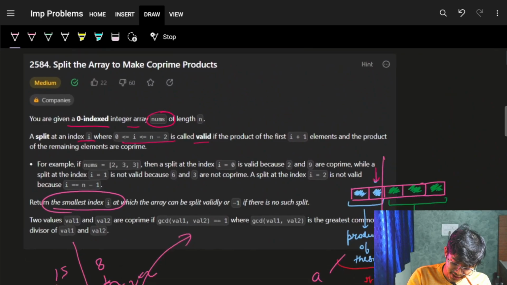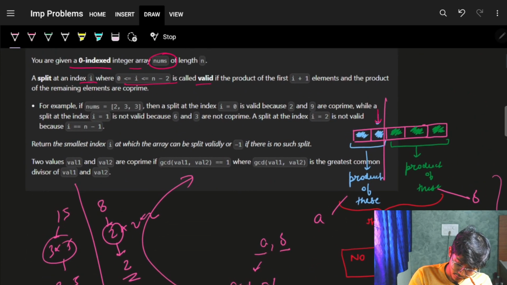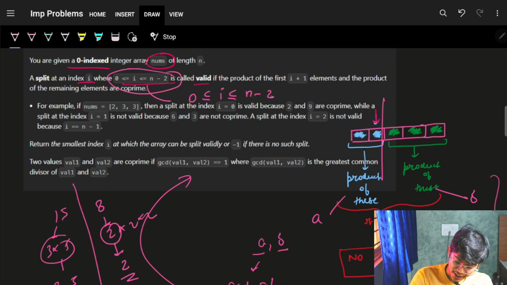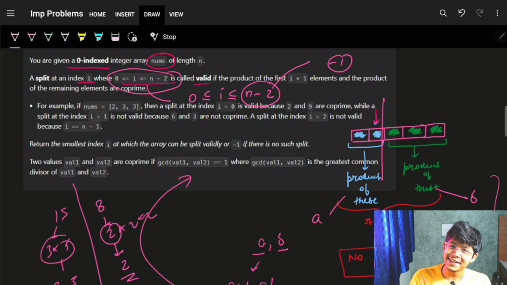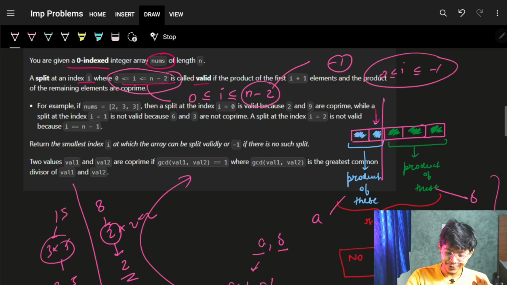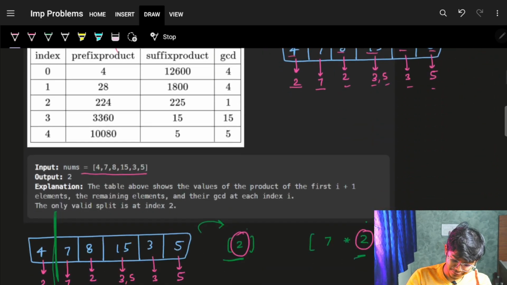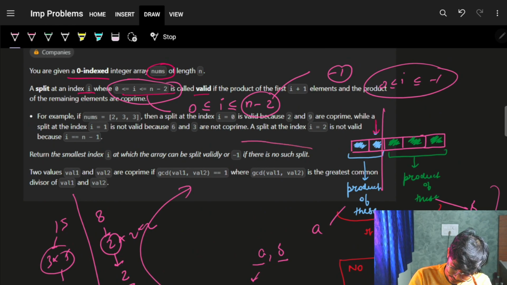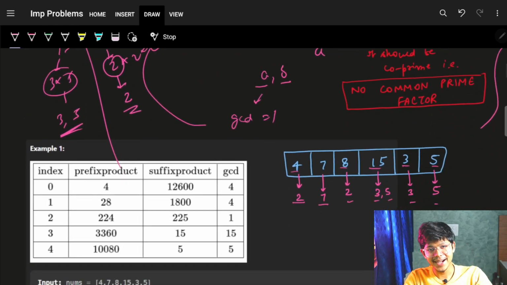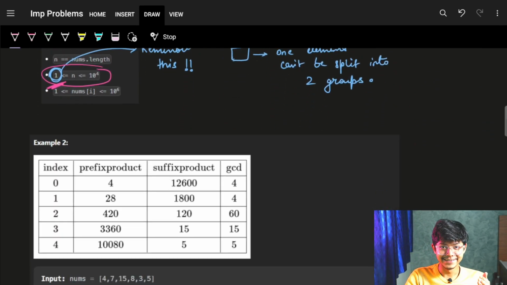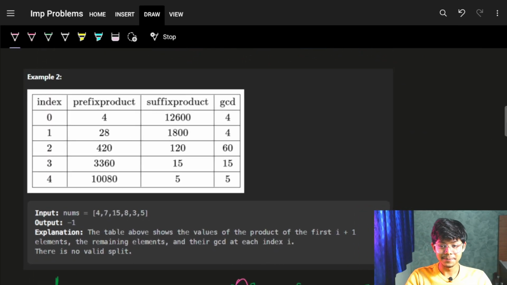And you can easily see that we initially showed the constraint: i is from 0 to n minus 2. Here n minus 2 will be what? Minus 1. So i is from 0 to minus 1. So whenever my n is 1, it will always return my answer as minus 1. So please put that condition ahead. I was frustrated why it is not coming up. So yeah, it is it.